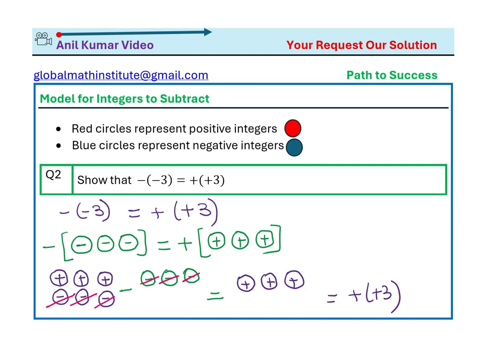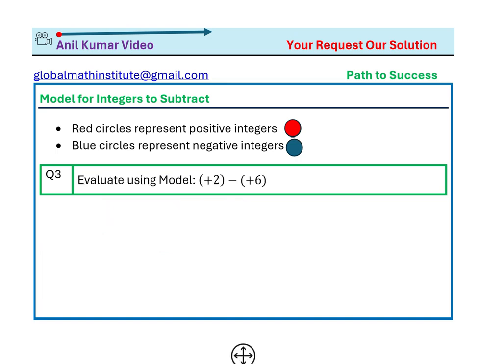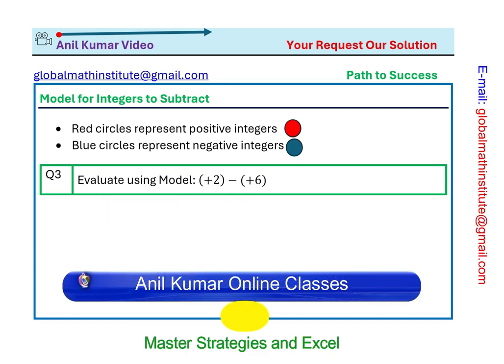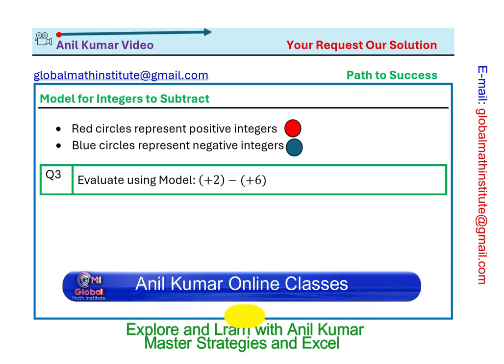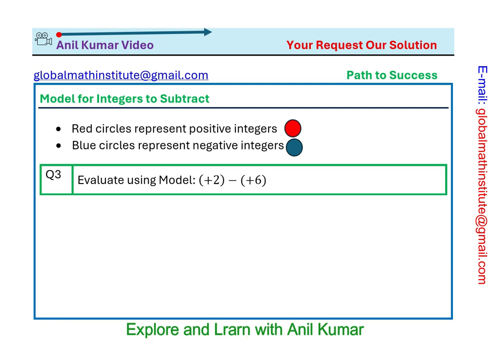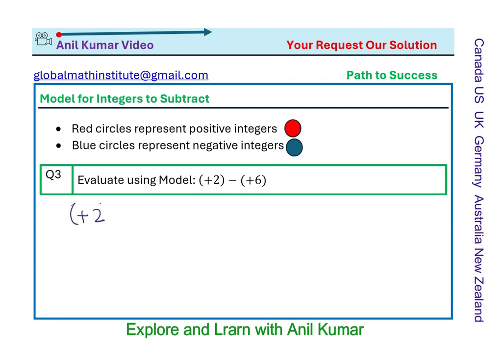And that brings us to the third question, which in this case is to evaluate using model. This concept of change of sign with negative outside brings us to a very important question, and that is how do we subtract integers? So, with question 3, we'll understand the concept of subtraction with integers.